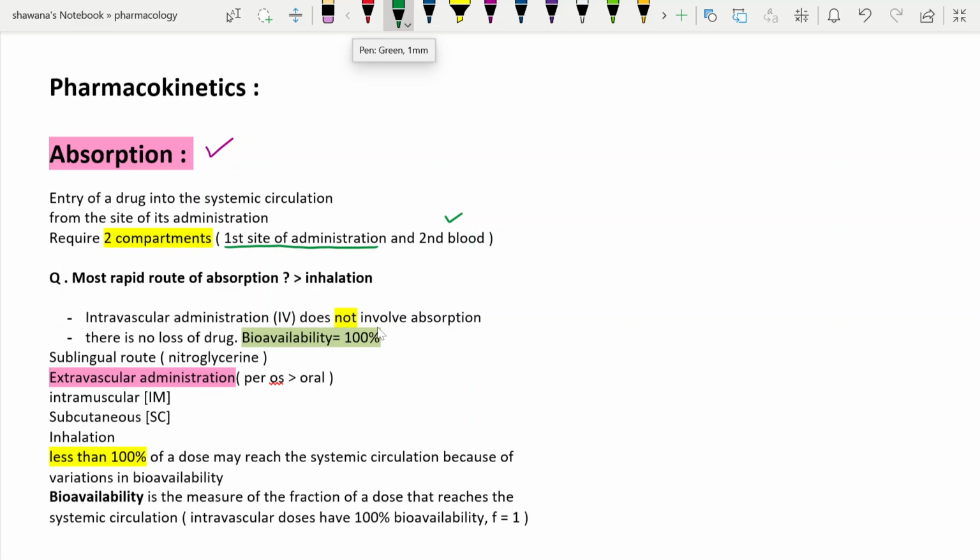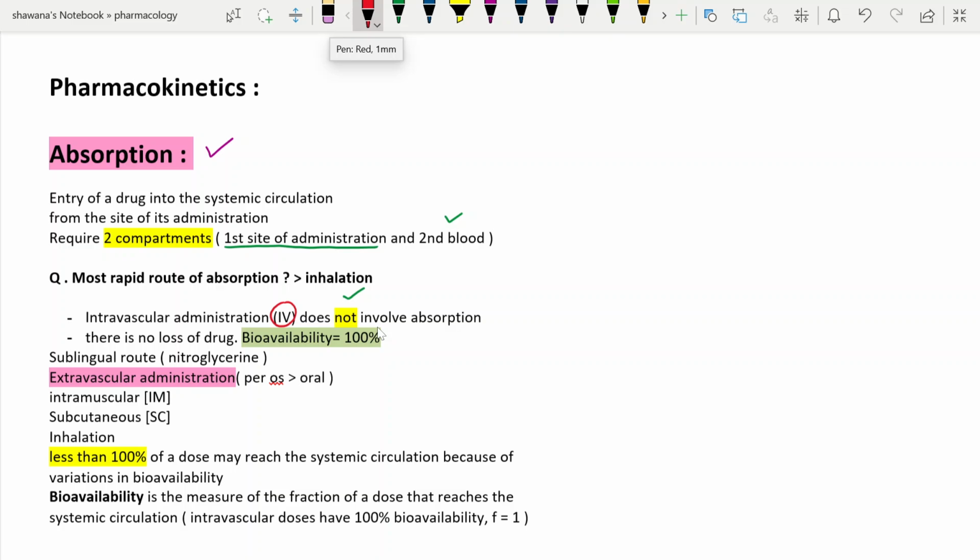So I have a question: are intravenously administered drugs absorbed or not? They are not absorbed. They do not involve absorption because they are directly administered into the systemic circulation, and they do not contain two compartments. So the intravenous IV administration route does not involve absorption.